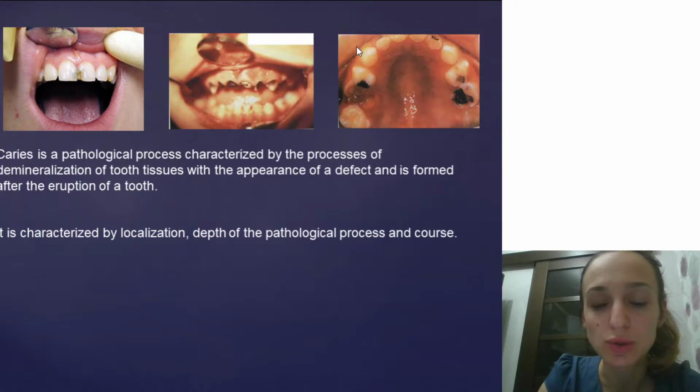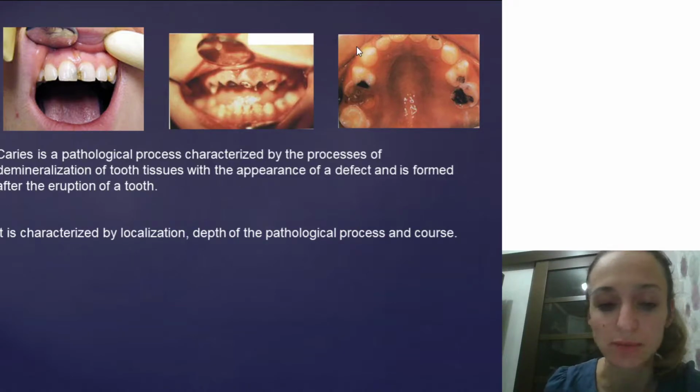So you should know that about 400 theories of caries origin have been suggested from the beginning of the development of stomatology. The most known of them are the following: Miller's chemical and parasitic theory, the theory of proteolysis, and the Lukomsky theory.